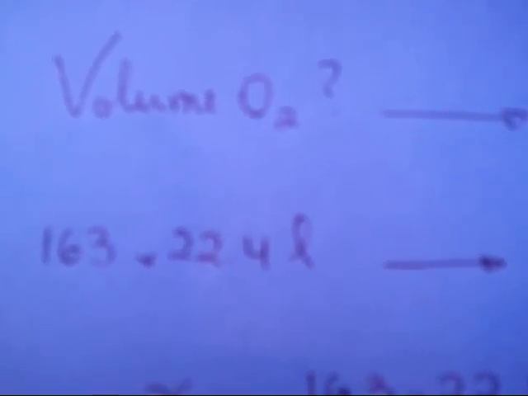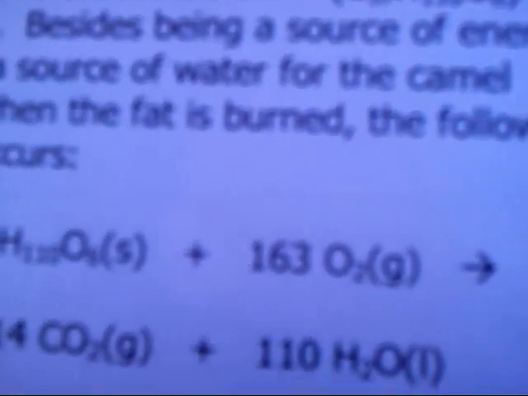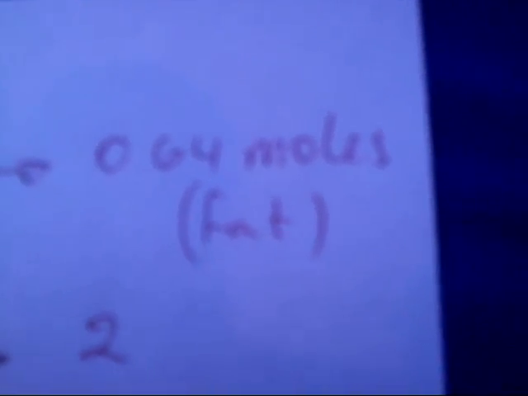So if I multiply 163 times 22.4, I get the volume of oxygen to react with 2 moles. What's the volume I need for 0.64 moles? Well, X, so X is 163 times 22.4 times 0.64 divided by 2.